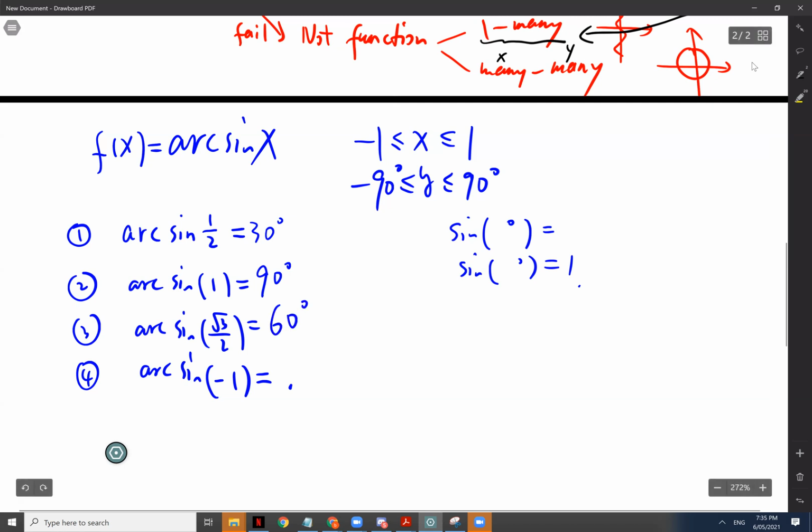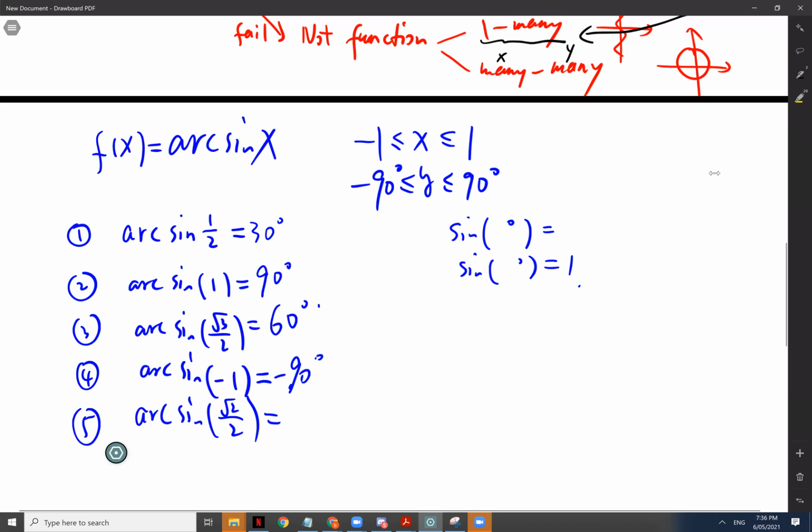Very good. Bell, how about arc sine negative 1? Is it negative 90? Very good. Jenny, what's arc sine root 2 over 2?